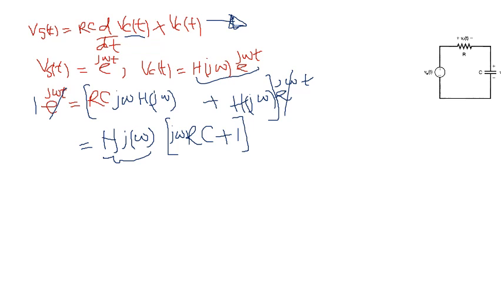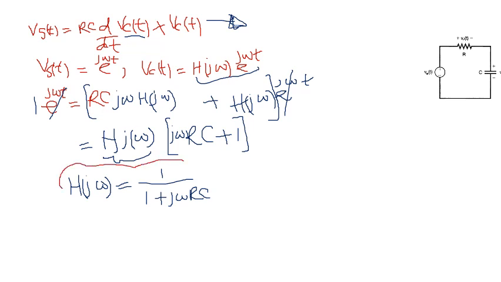So hope you understand that it will be something like 1 over j omega RC plus 1, but because we normally write the real part first followed by the imaginary part, I can write that h of j omega basically equals 1 over 1 plus j omega RC. So this is the frequency response of this circuit.